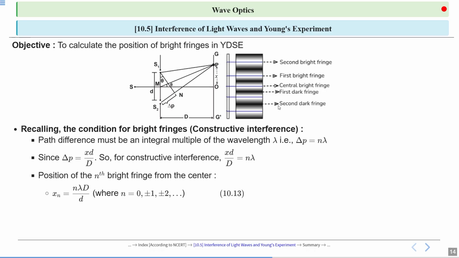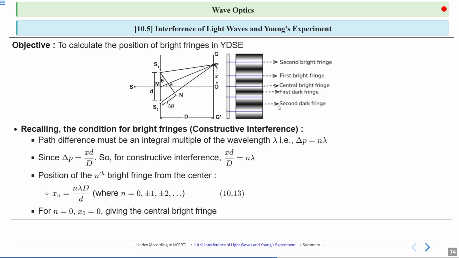Plus is for the bright fringes on the upper side of the central bright fringe, and minus is for the bright fringes on the lower or downward side. On both sides of the central bright fringe, there are other secondary bright fringes. That's why plus minus.